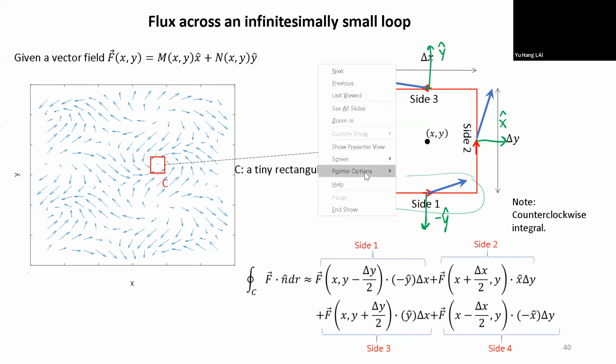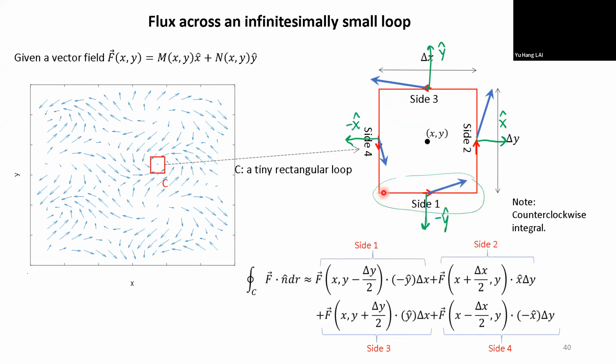For side 1 over here, I have this minus y hat, and then the vector field at this point, this arrow, is written here.